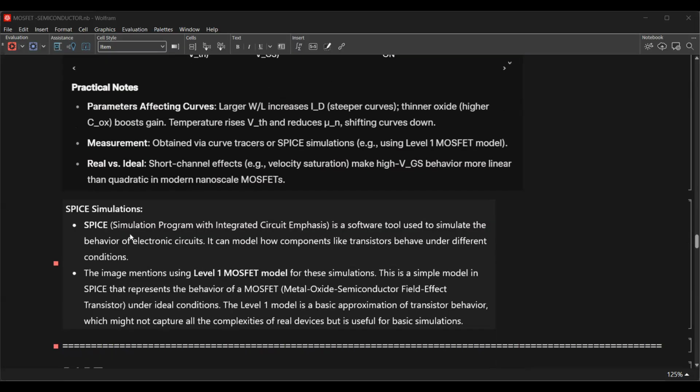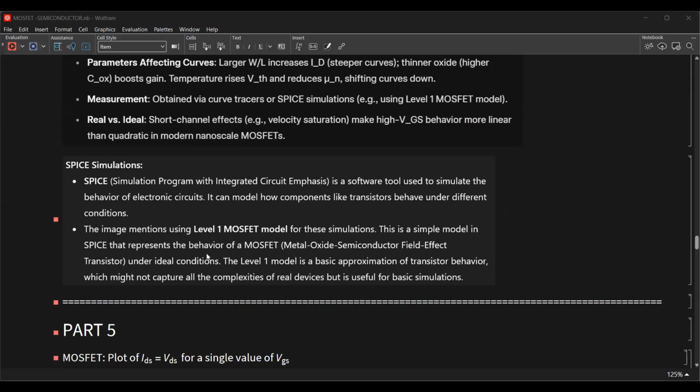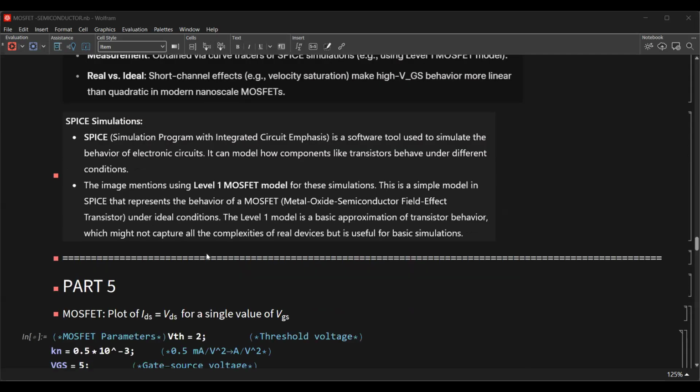So we have the SPICE simulation here. It stands for Simulation Program with Integrated Circuit Emphasis. It is a software tool used to simulate the behavior of electronic circuits that can model how components like a transistor behave under certain conditions. We mentioned using the level 1 MOSFET model for this simulation.